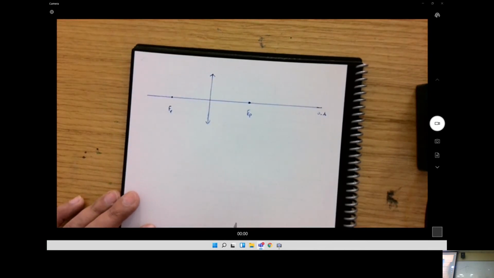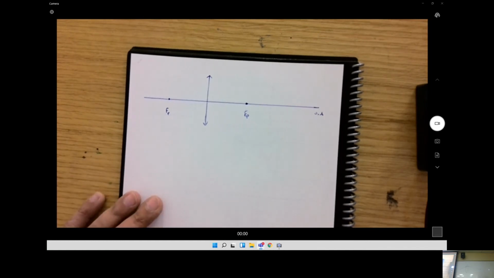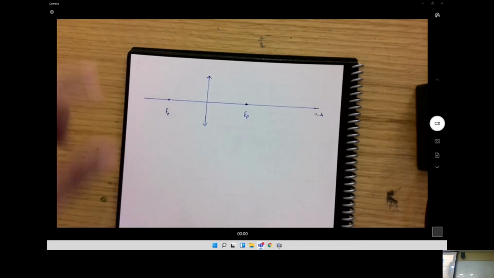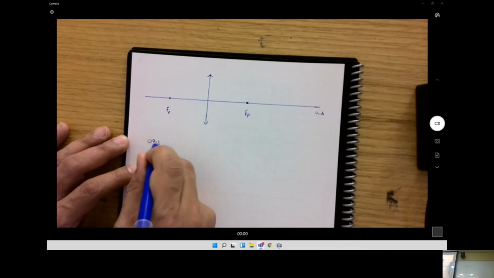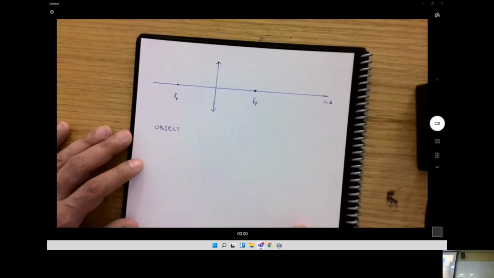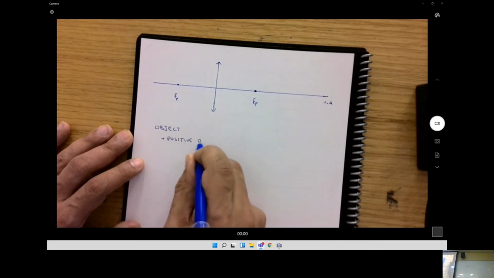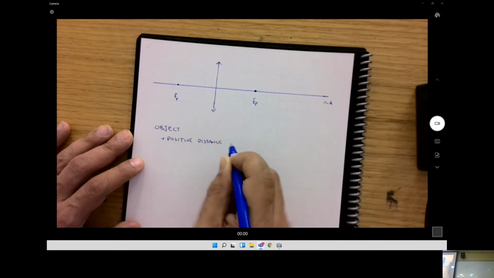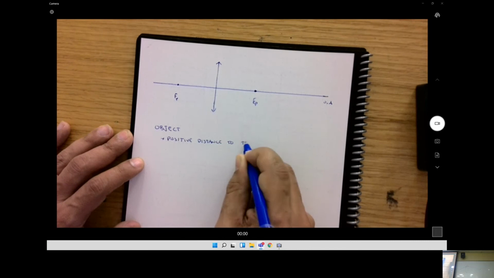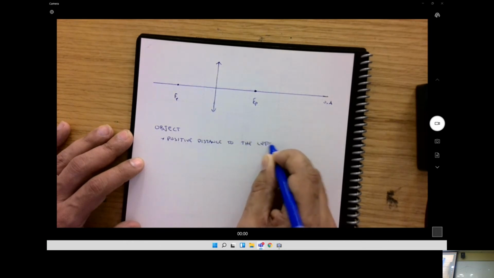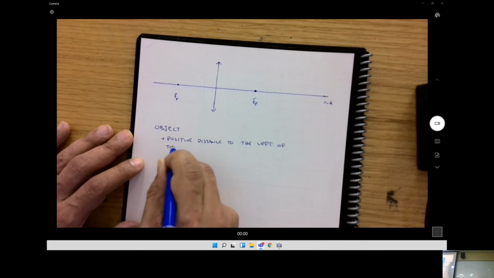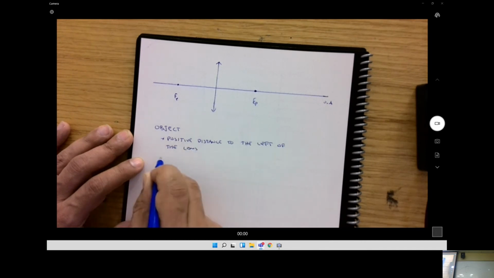Now, I'm going to have two different frames of reference when I'm talking about images and when I'm talking about objects. So when I talk about an object, positive distances are going to be to the left of the lens, and negative distances are going to be to the right of the lens.